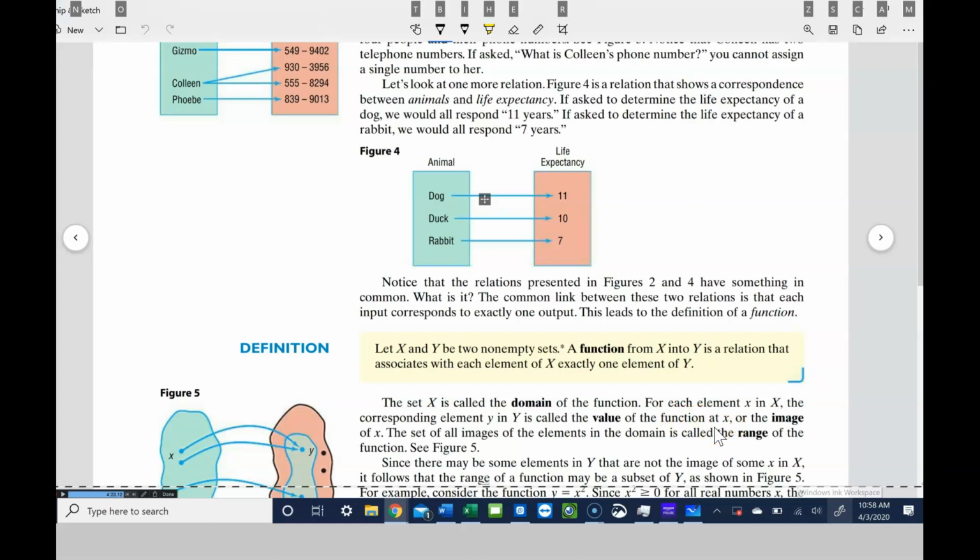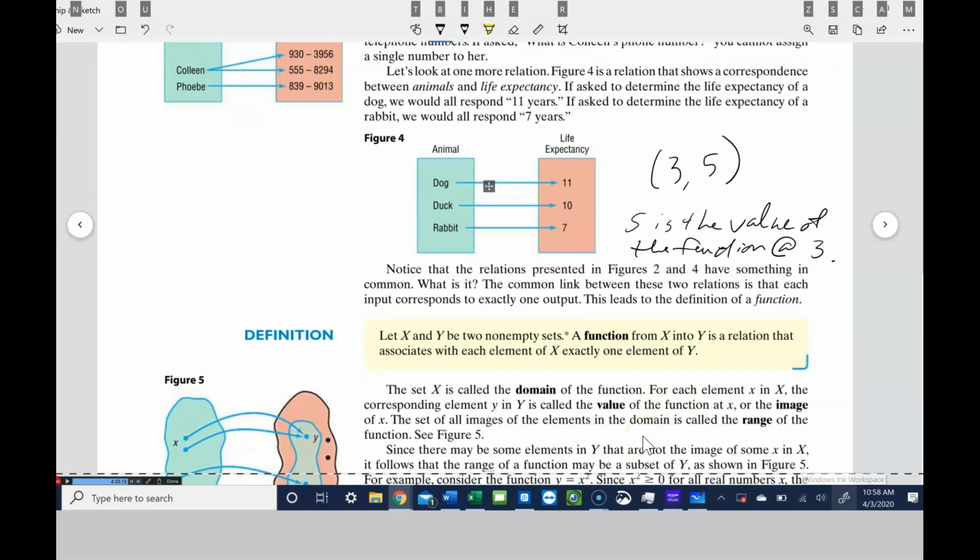So if you had the ordered pair 3, 5, then you would say 5 is the value of the function at 3. 3 is the input, but the actual value of the function there is the output. It's 5. Another way to say it is the image of x. So you could say 5 is the image of 3. That's another way to say that.